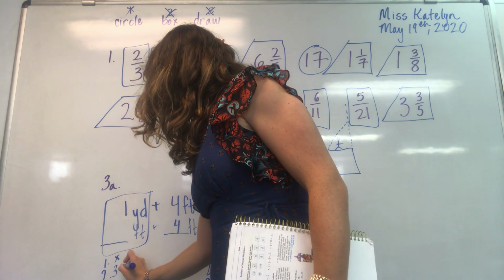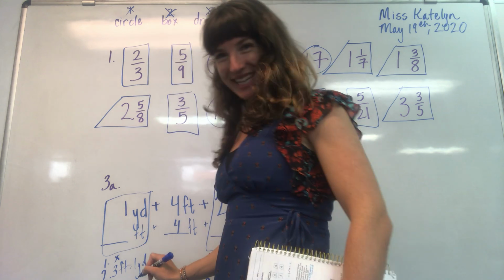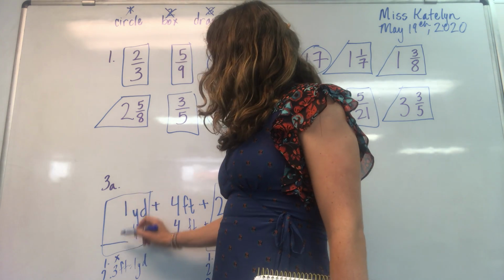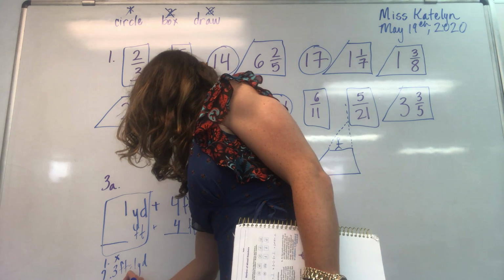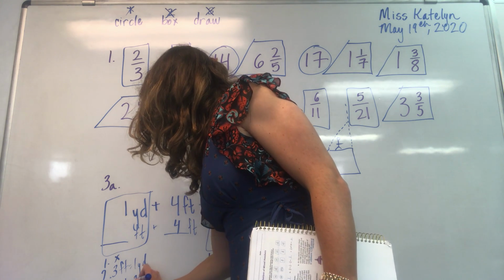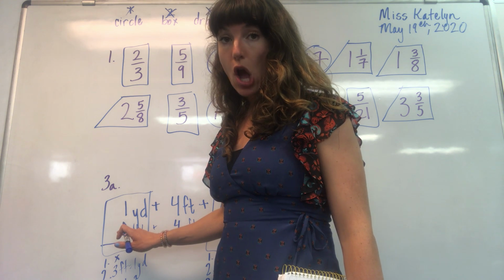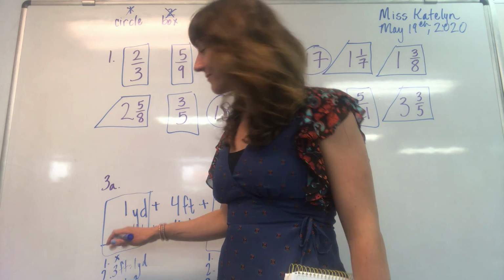There are 3 feet in 1 yard. Squeaky clean. Like I said yesterday, I cleaned this board. 1 times 3 is 3. You put that answer inside that box only. This answer in this box.